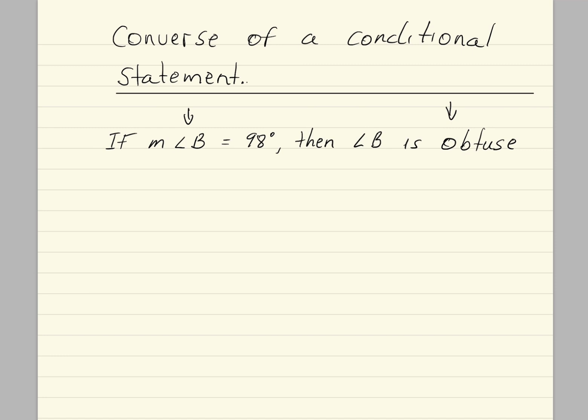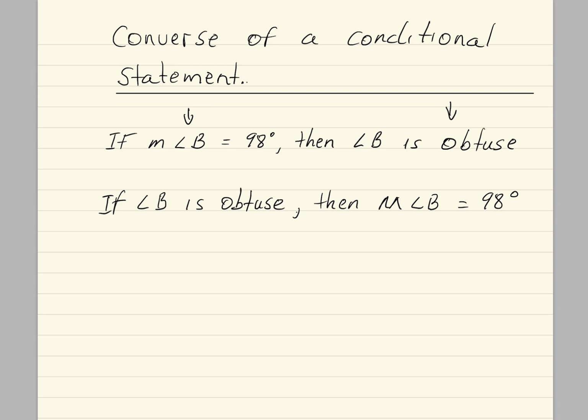So to write the converse of a conditional statement, you flip the hypothesis and the conclusion. So you basically reverse. So I'm just going to write it here to explain. If angle B is obtuse, then the measure of angle B is equal to 98 degrees.